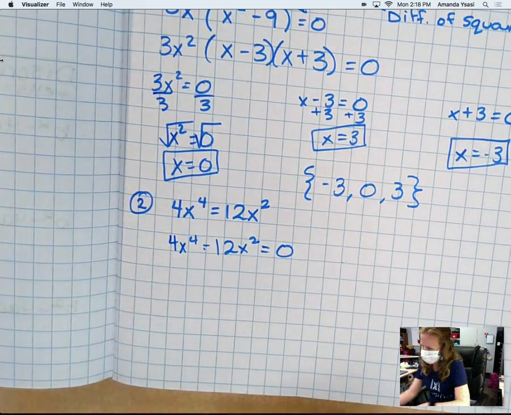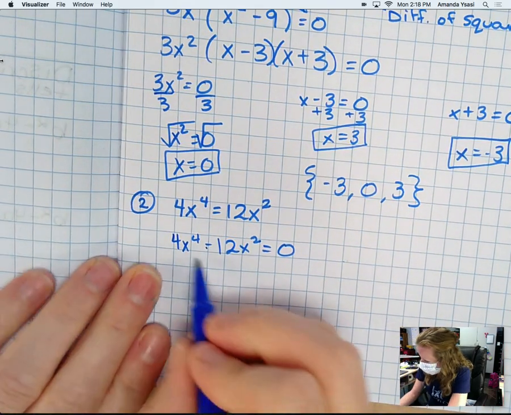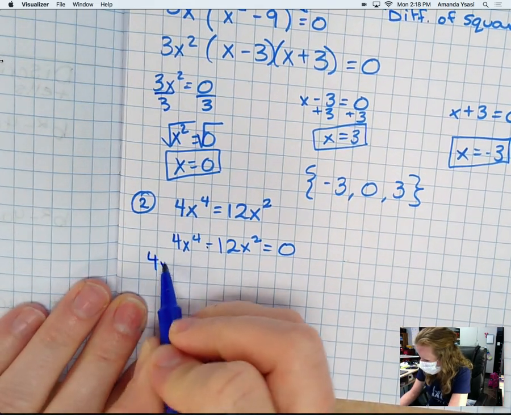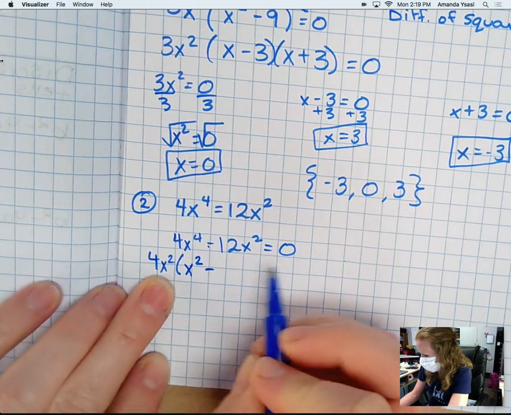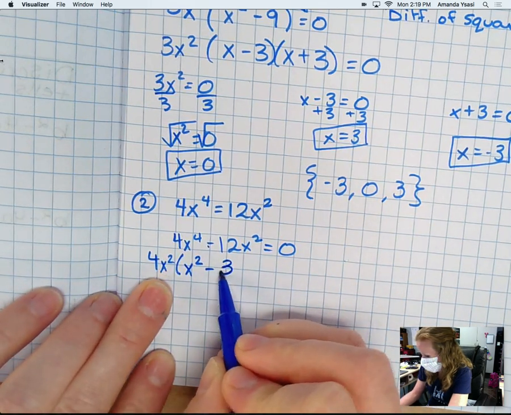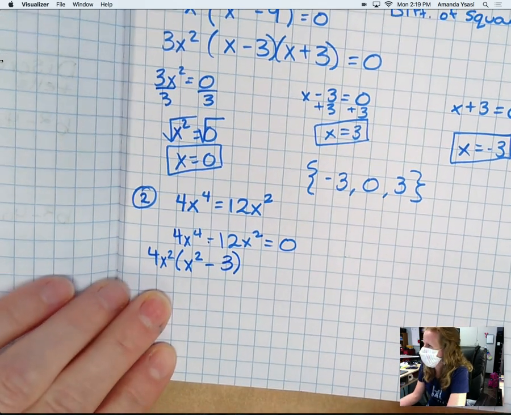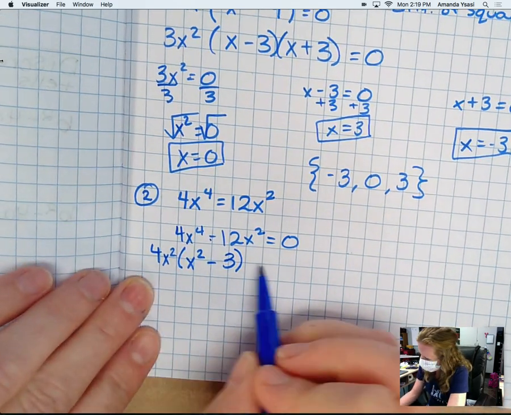And then we'd factor out 4x squared, leaving x squared minus 3, equals 0.